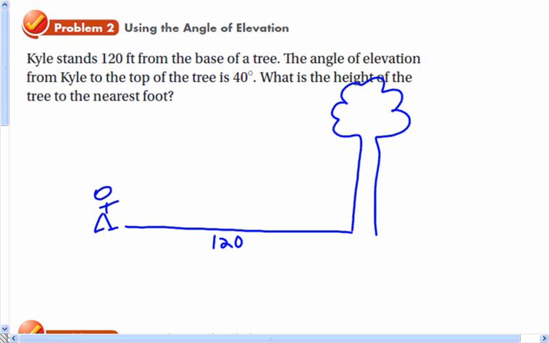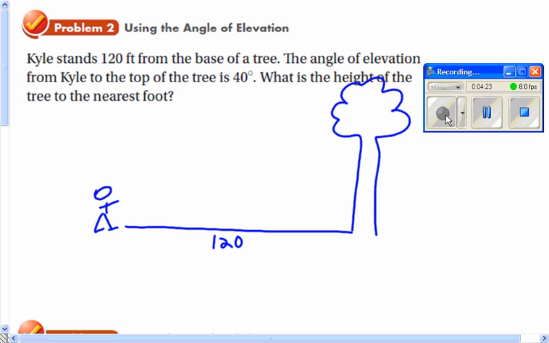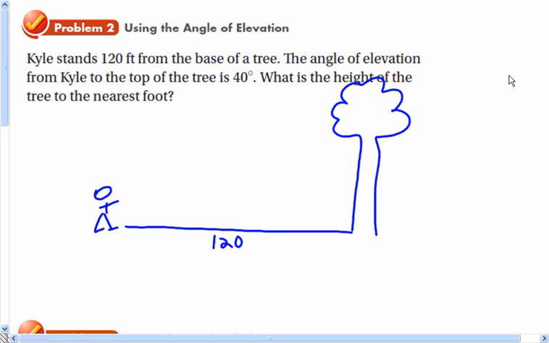And the angle of elevation from Kyle, looking to the top of the tree, is a 40-degree angle. And we want to know the height of the tree, so let's just call that h.